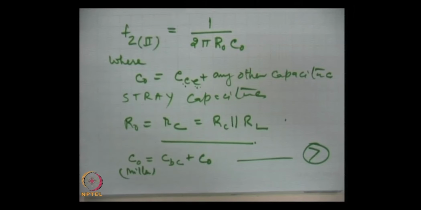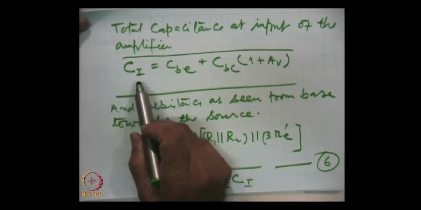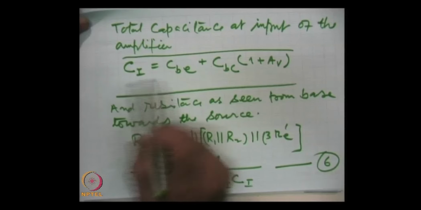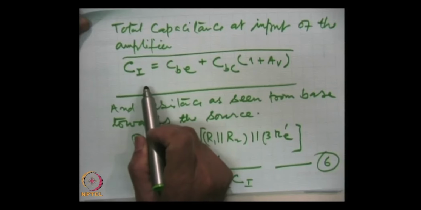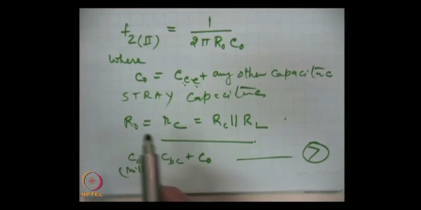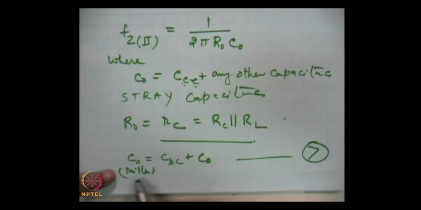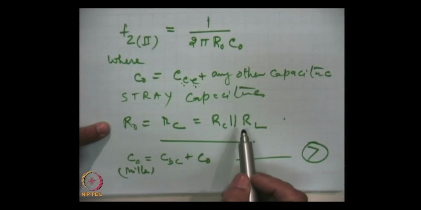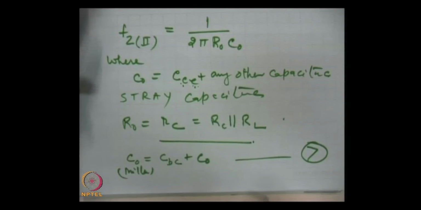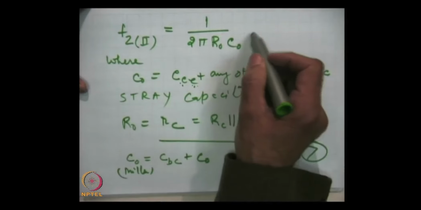We are talking of upper cutoff. First we have seen that the upper cutoff comes because of the capacitance at the input which gets magnified because of Miller's effect. The other is at the output, there are other junction capacitances equal to this and resistance equal to this. This will give another cutoff, and that cutoff is this.